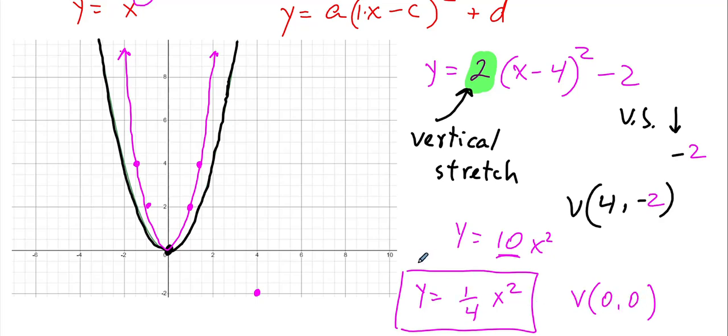However, this 1/4, because it's multiplying the function, what it does, it takes basically every point and multiplies it by 1/4. So if it was, for example, sitting at location 4, now it's at location 1. Every single point gets compressed, and that's actually what it's called.